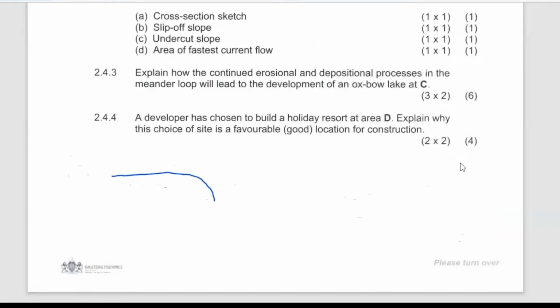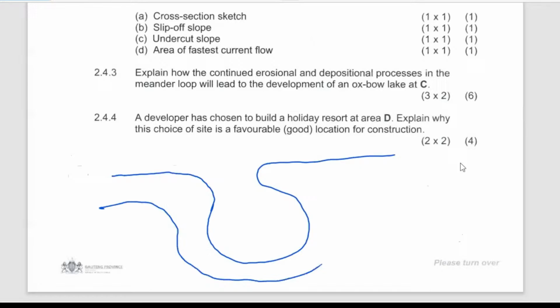If this is our meander, and our meander is appearing again on either side, our stream is having this shape, something like that. This is the outer bank of the river, and this is again another outer bank.